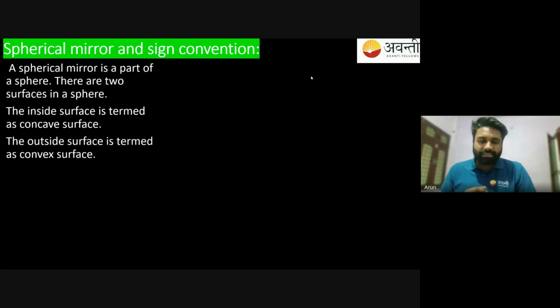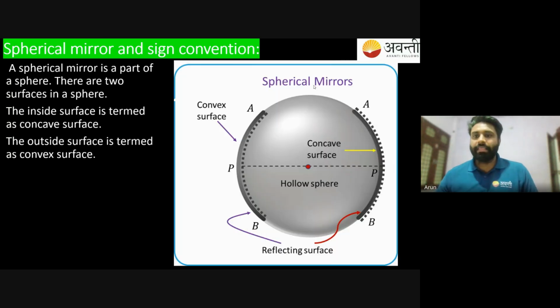As you can see here, a spherical mirror is a part of a sphere. There are two surfaces in a sphere. What kind of two surfaces are these? You can see this image. This is the sphere. There are two kinds of surfaces over here.